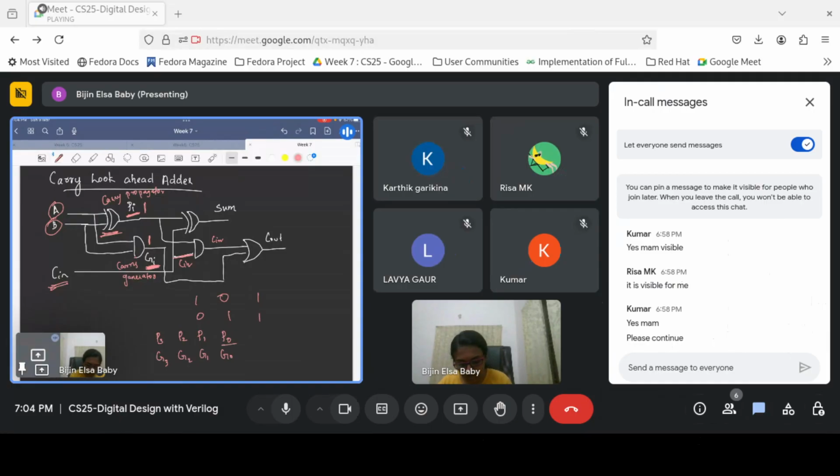So P0, G0, P1, G1, P2, G2, P3, G3, we can compute independently. There is no carry dependency. This is the output of the first half adder sum, and this is the first half adder carry.